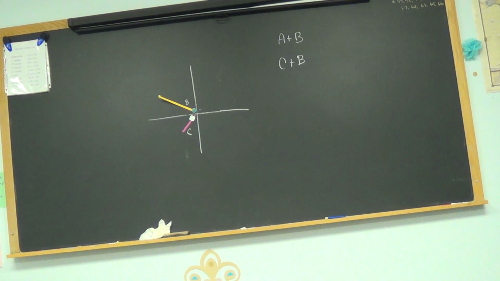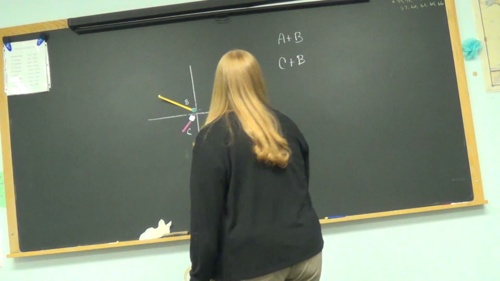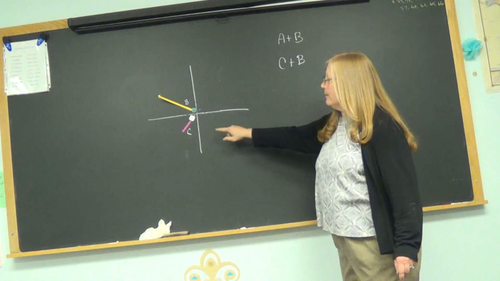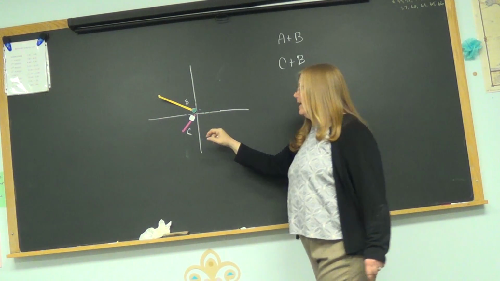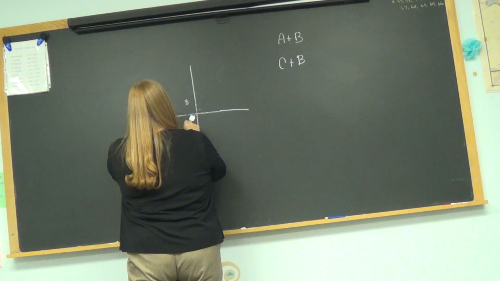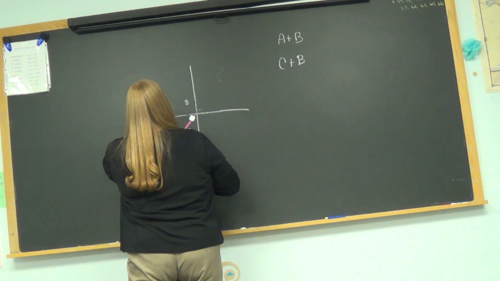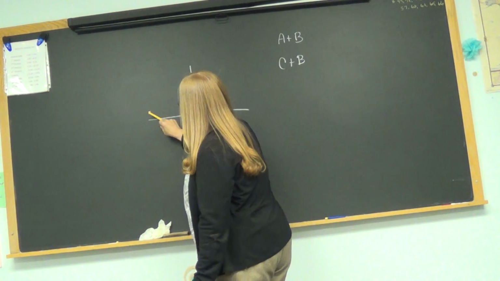All right, we're adding C and B. Here's what you should have done. When you saw C plus B, you leave C unchanged, so it's already in standard position. And I'm going to move B so the tail of that is on the head of C. And we go like that, and that is the addition. I'm going to move my B down here.